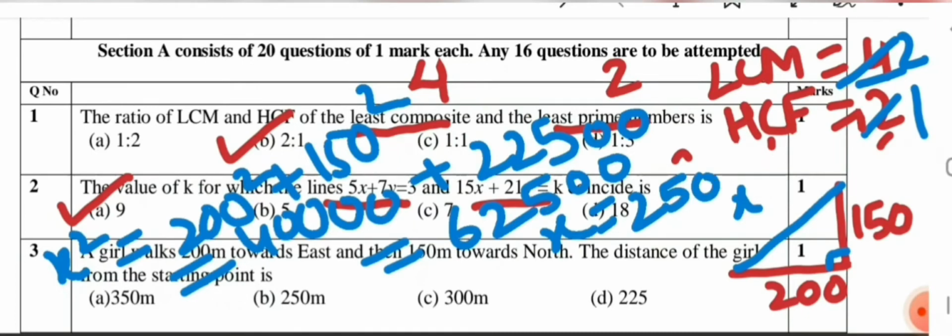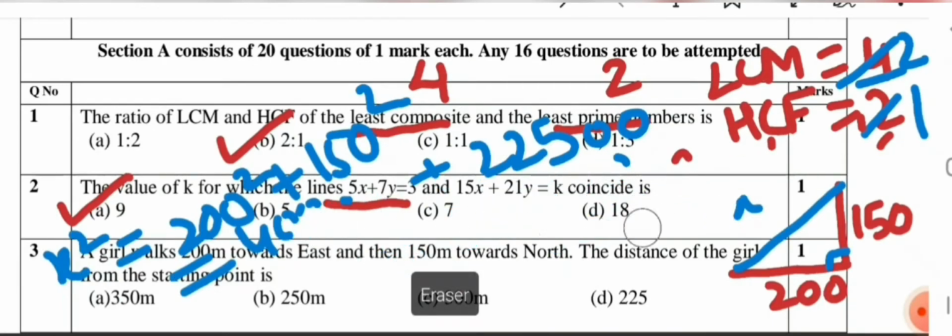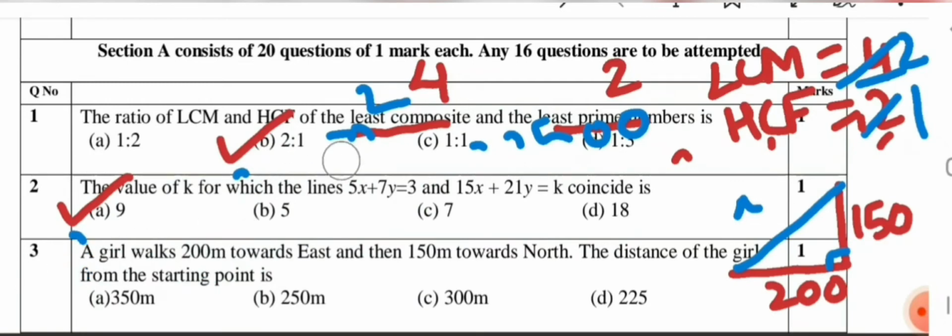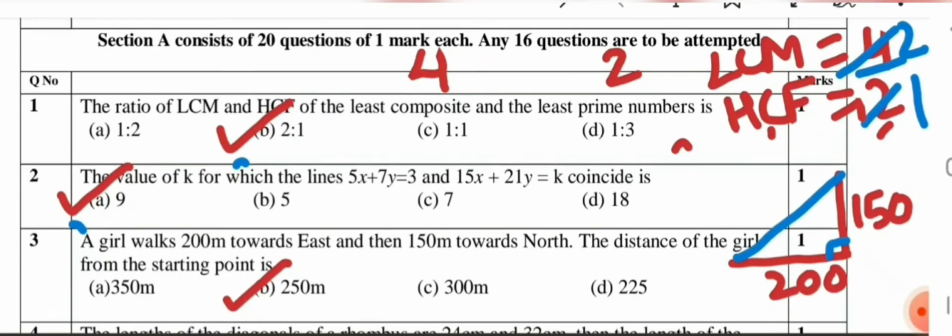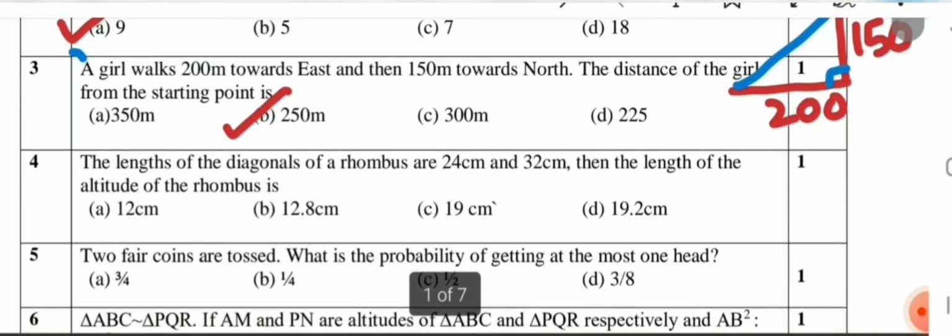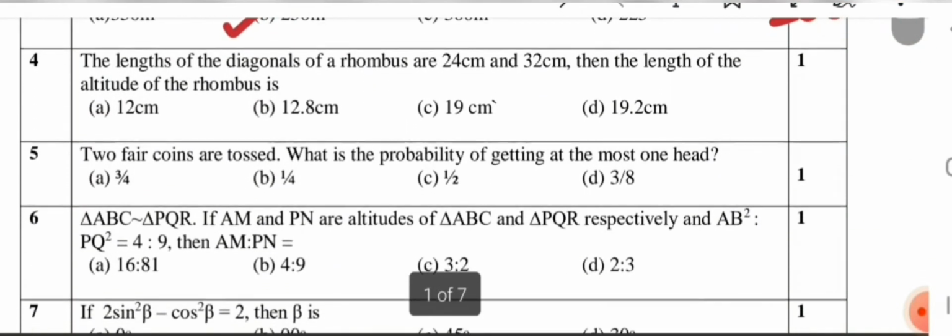So 250 is the square root of this, and this is the distance of the girl from the starting point. I am just discussing the solution; you can solve it properly yourself. After solving, we get 250 meter as the distance of the girl from the starting point.